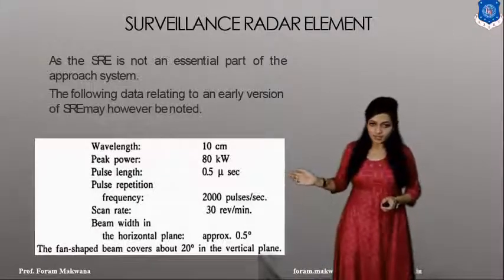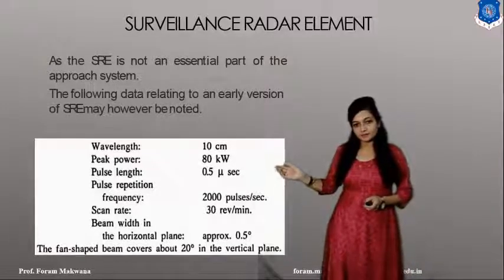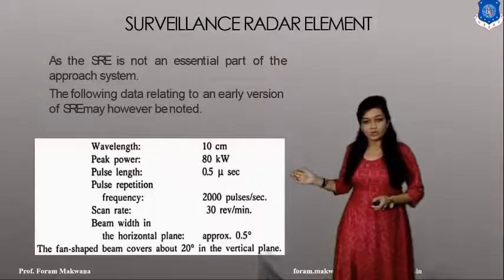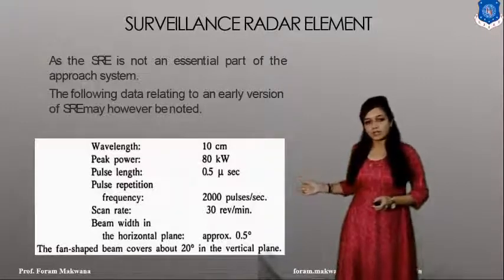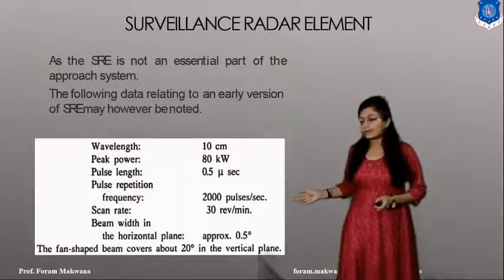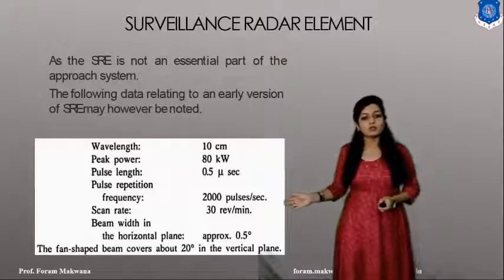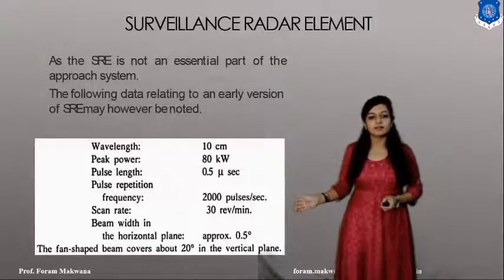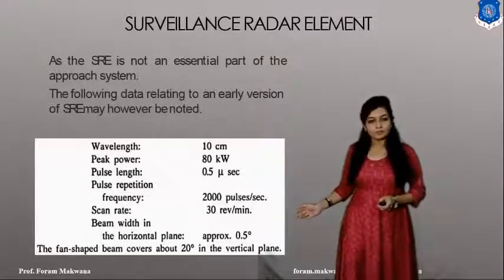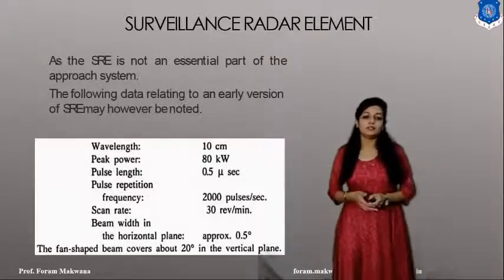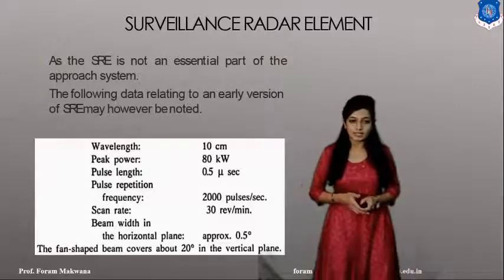That means SRE has a wavelength of 10 cm, peak power of 80 kilowatt, pulse length of 0.5 microsecond, pulse repetition frequency of 2000 pulses per second, scan rate of 30 revolutions per minute, and beam width of approximately 0.5 degree.